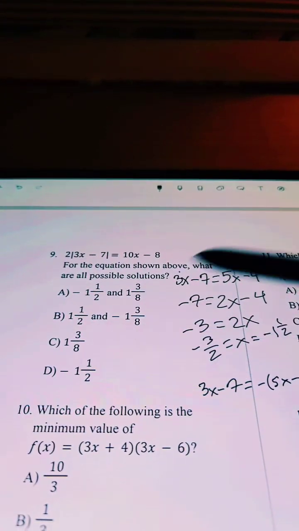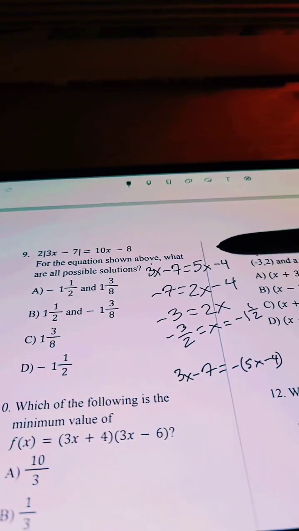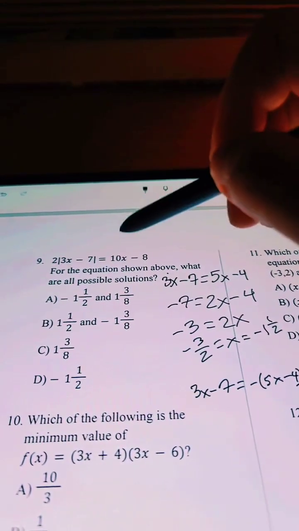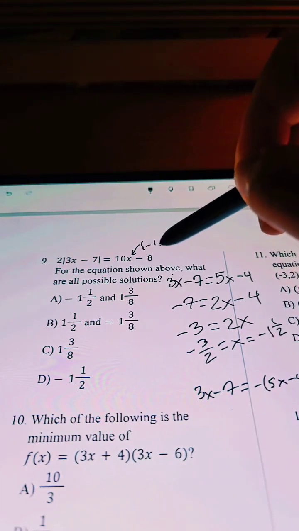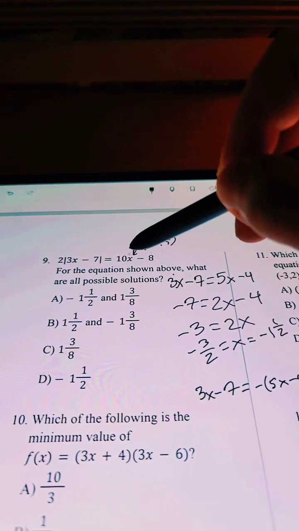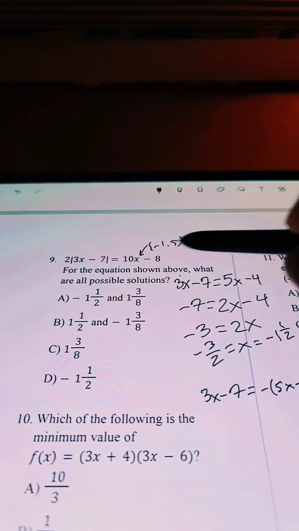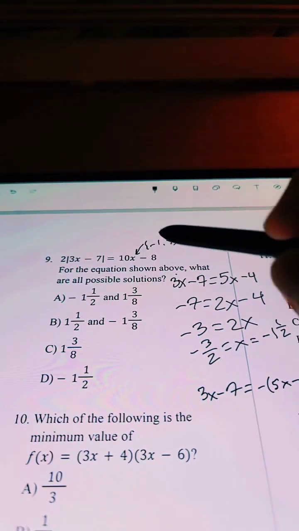Now you'll see that that's in the answer choices, but remember you have to plug it in to see if it actually works. And I'm going to show you why right now. So I'm going to plug in negative 1.5, which it's probably easiest for people to just plug in as a decimal. I'm going to do negative 1.5 times 10. That's going to give me negative 15 minus 8.